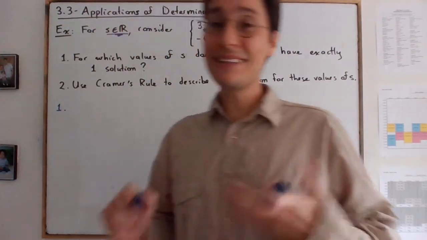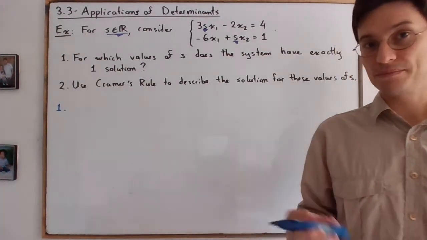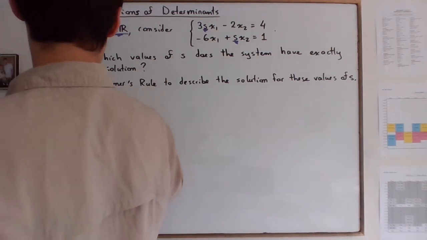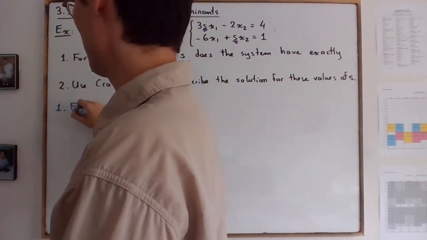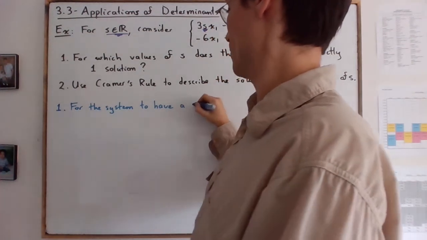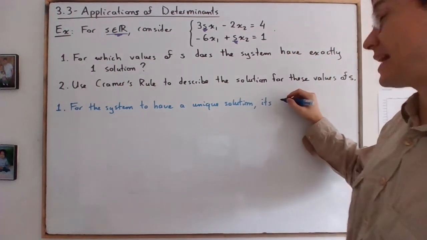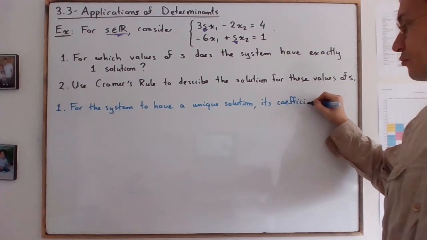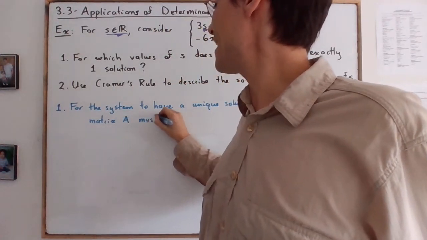The idea is to realize that for the system to have a unique solution, its coefficient matrix, let's call it A, must be invertible.